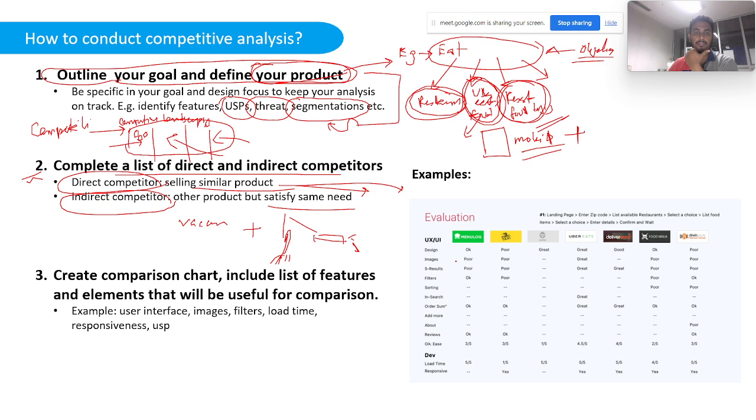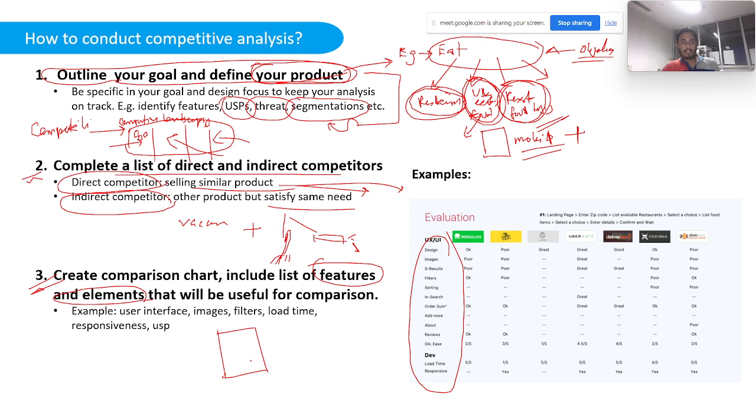But before comparing, you need to identify the set of features against which you are going to compare the competitive products or the companies. So the third task is to identify the list of features and elements. Now, if I give an example for a UX solution like a mobile banking app, take this example of Uber Eats.